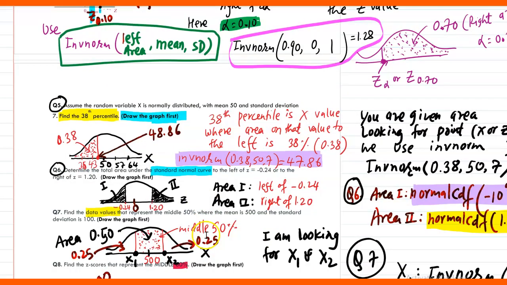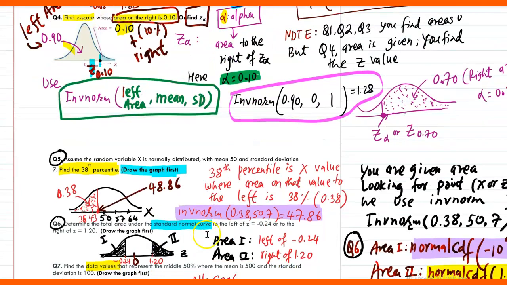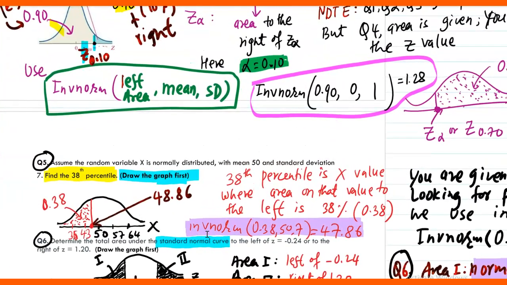Okay, question number 5. Question number 5 is finding percentile. Remember from chapter 3, what do you mean by percentile? The question says the variable x is normally distributed with the mean 50 and the standard deviation 7.